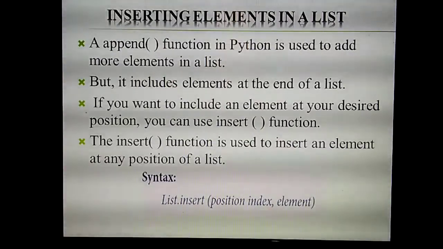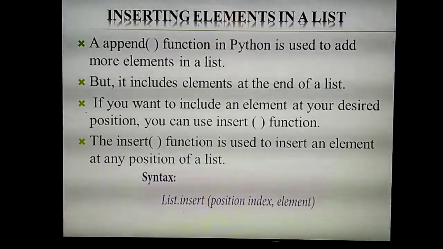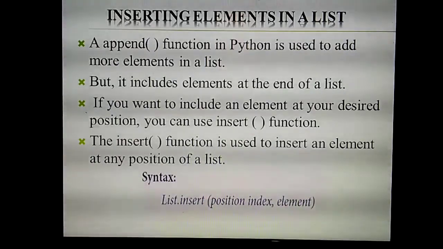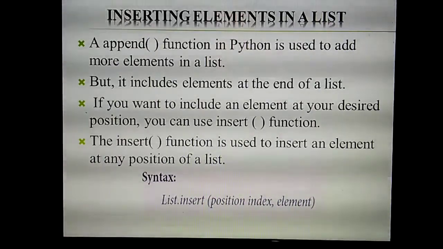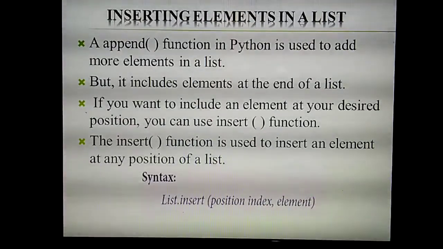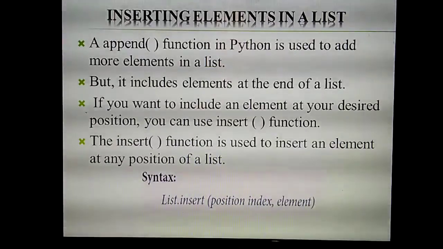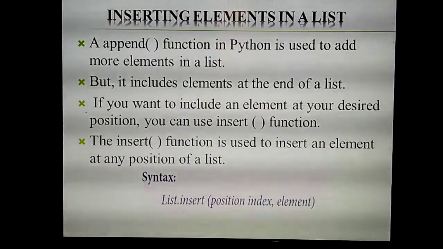But instead of append of and extend of, if you need to add some elements at a desired position, for example, append of and extend of always add the values at the last, but you need to insert some values in the third place.